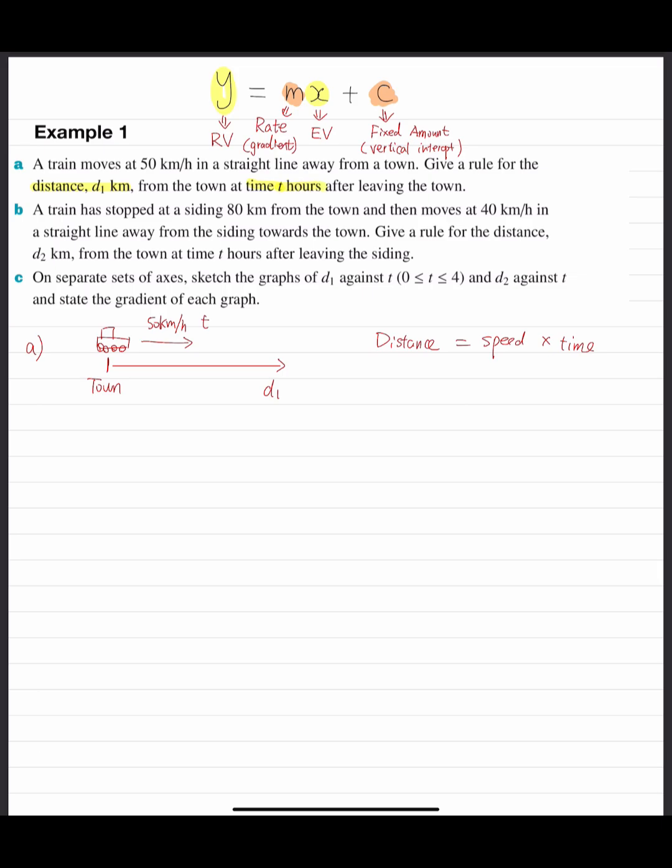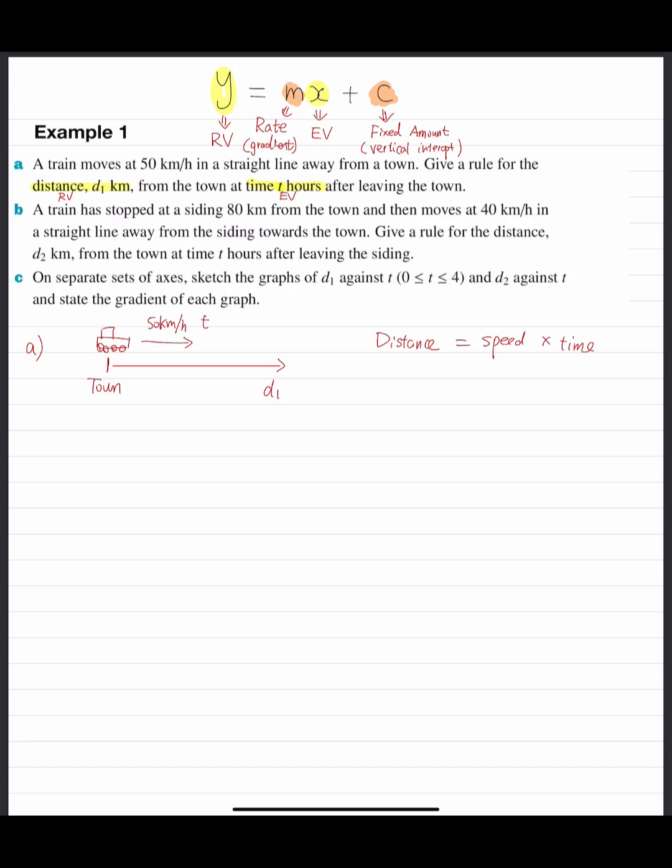Either we can say the time the train spent traveling explains the distance the train will travel, or the distance the train travels explains the time it spent. Clearly, it's the first one. So this is the RV, the response variable, and this is the EV, the explanatory variable.